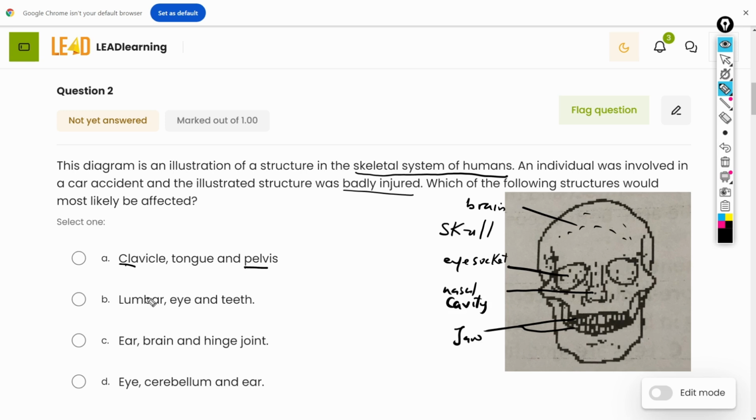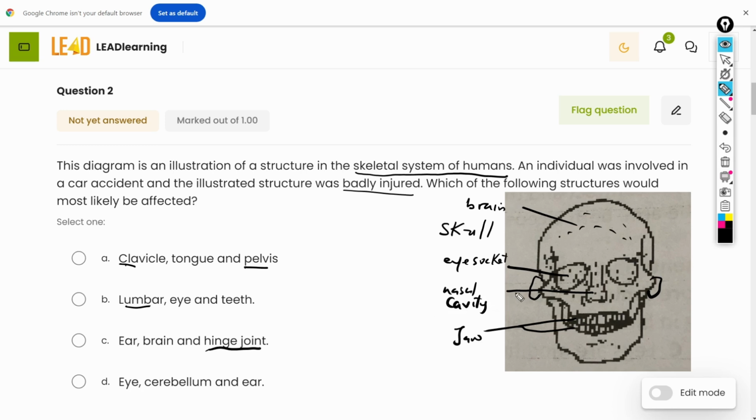The lumbar is one of the bones of the vertebral column. So again, this is disqualified. Ear, the ear is housed somewhere here. The brain is housed within the cranium. Then the hinge joint is a joint that is found at the elbow and at the knee. So this disqualifies it.